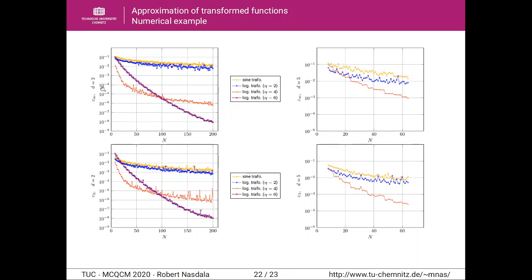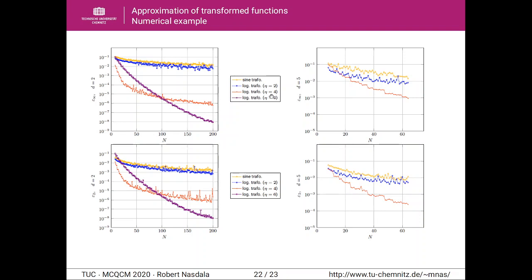We are in 2 dimensions and compare on one hand the sine transformation, which is here, the yellow line, and the blue logarithmic transformation with eta equals 2. And both are equally good or bad, which is good because those are in the same smoothness class.